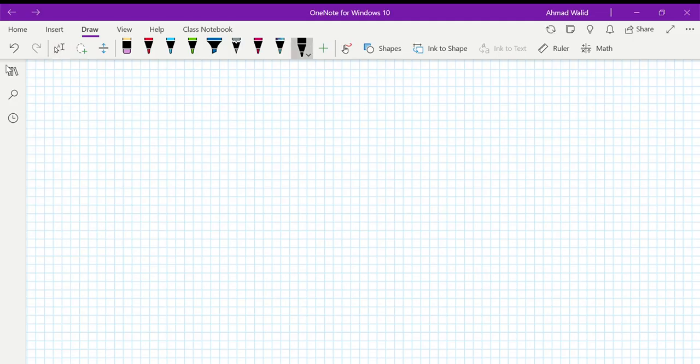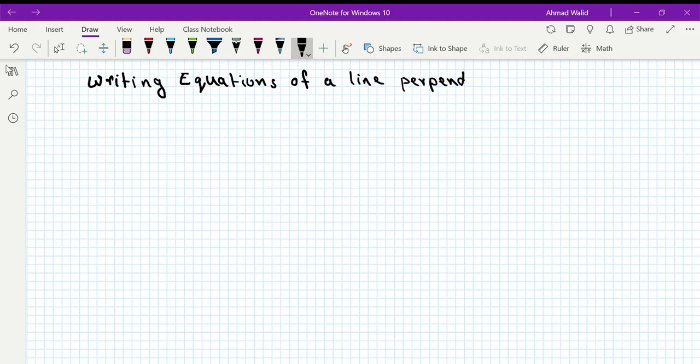Next topic: writing equations of a line perpendicular to a given line.